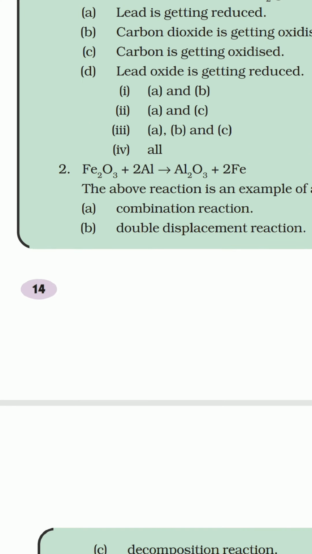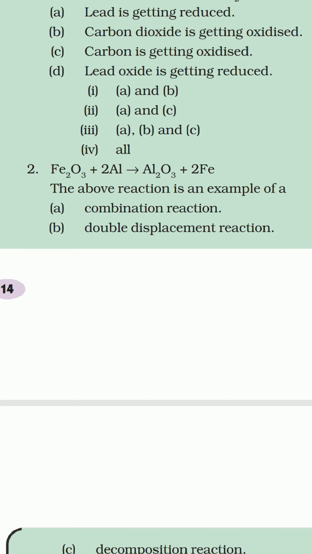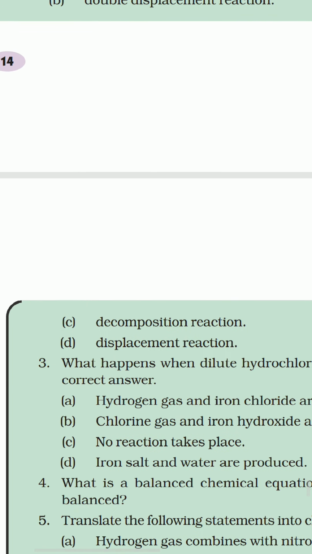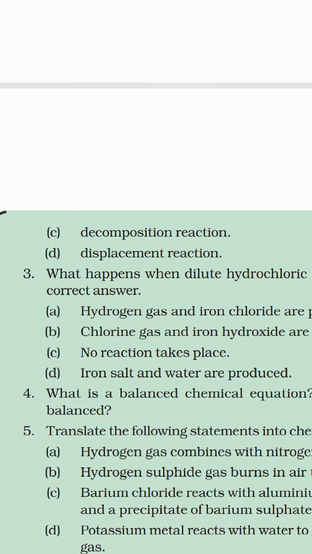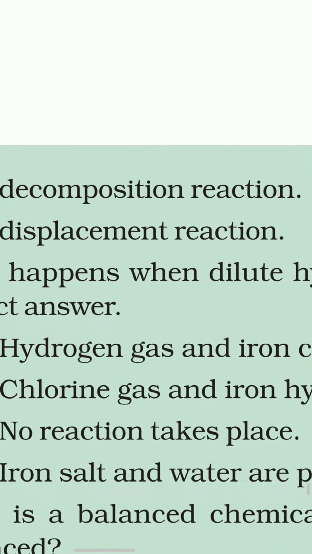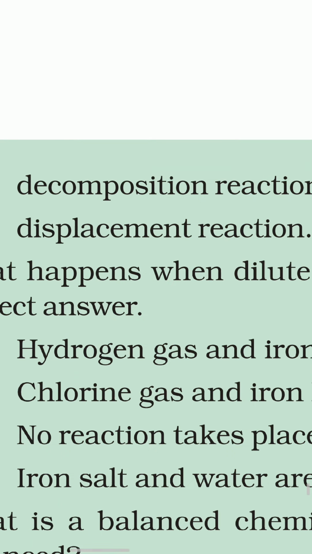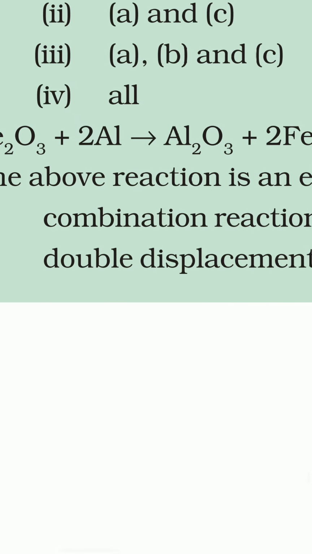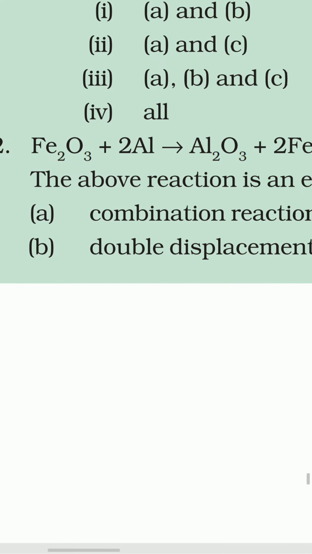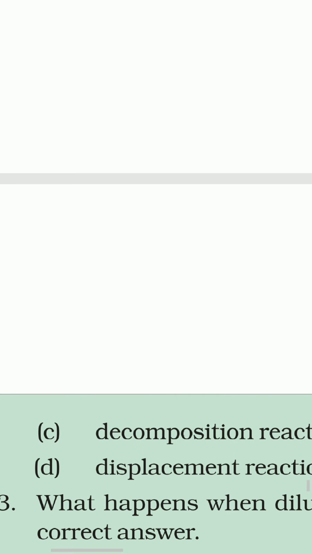Many options are given. The correct answer is displacement reaction. In this reaction you see that Fe is displaced and aluminum takes the place of Fe. So the correct option is D, that is displacement reaction.